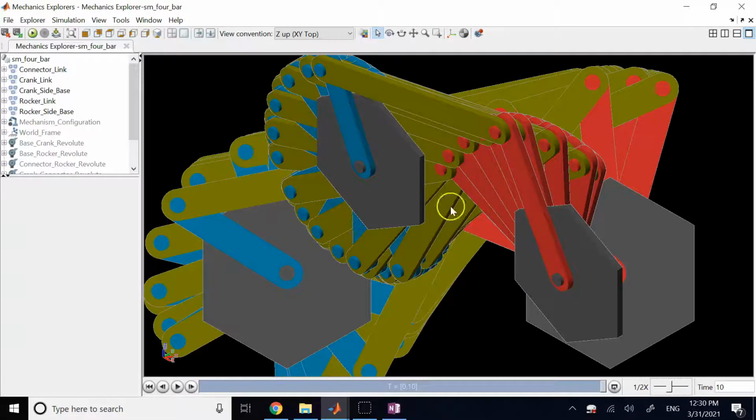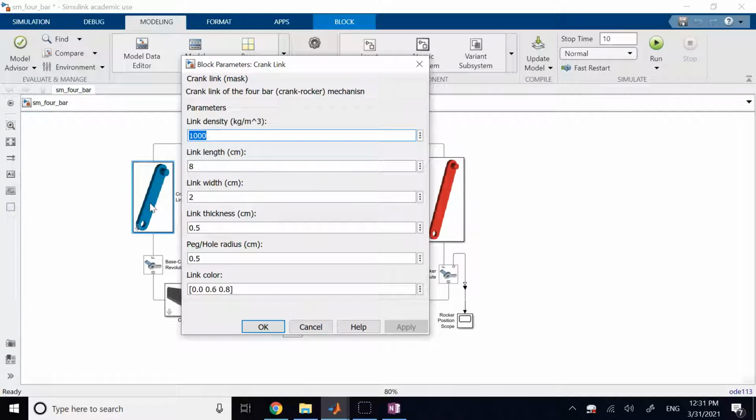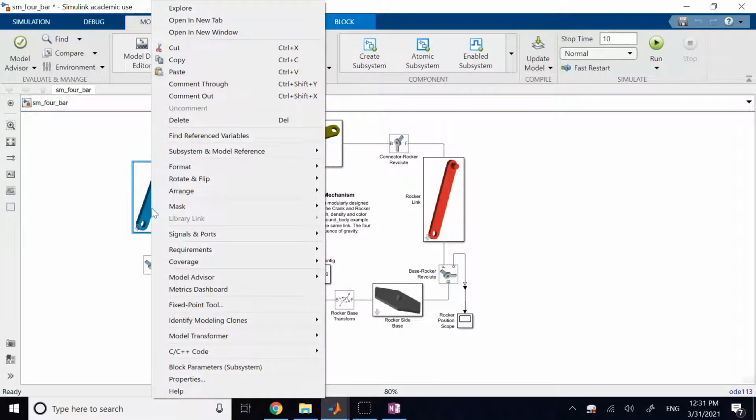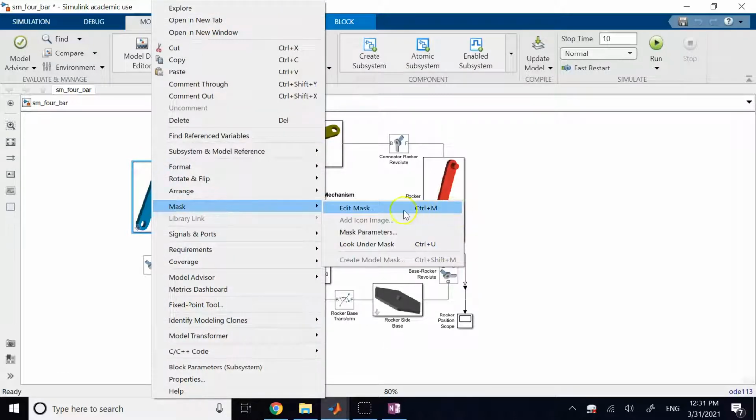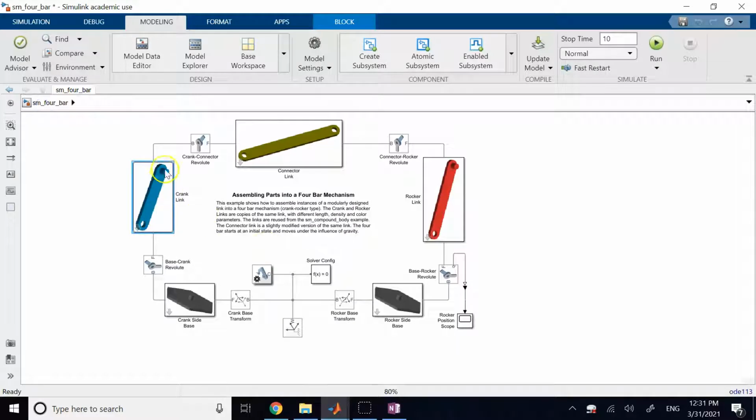Okay, so you see the animation of this, and here is how each one of these members are made. Now these blocks are masks, as I said. You see the joints, the revolute joints and so on. But if you want to see under these guys, you just right click and say mask and then say look under the mask. And it shows you which blocks were used to create that shape of the part for you.